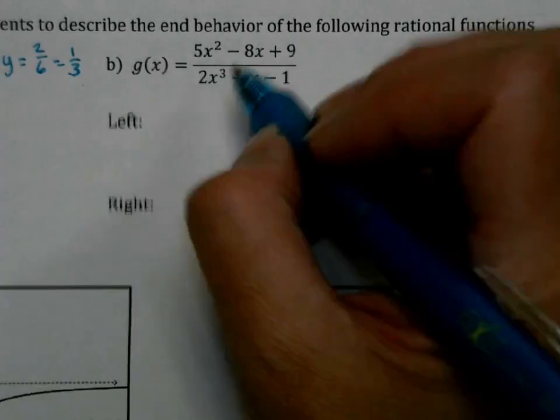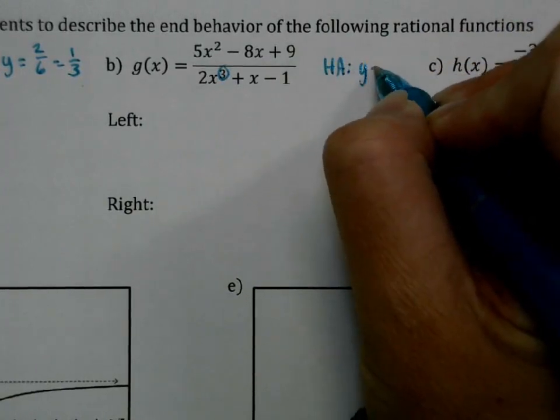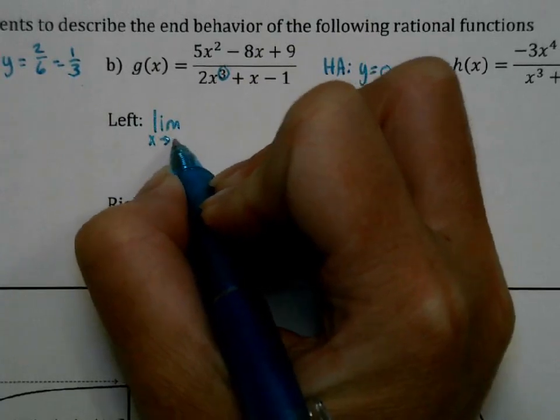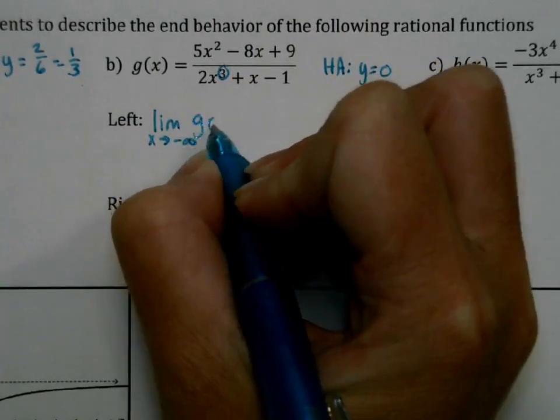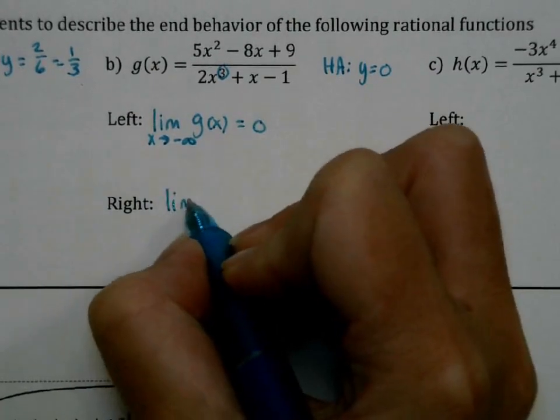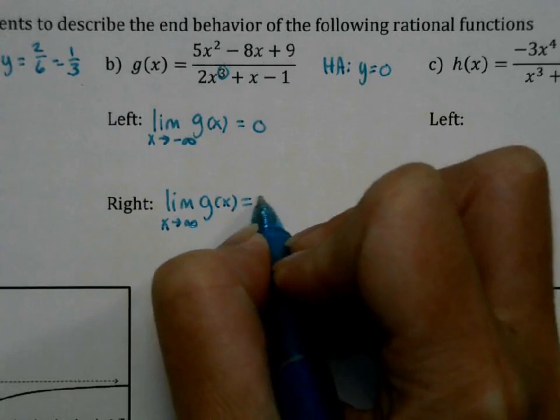This one, the degree is bigger on the bottom, so we have a horizontal asymptote at y equals 0, which means the limit as x goes to negative infinity of g of x is 0, and the limit as x goes to positive infinity of g of x is also 0.